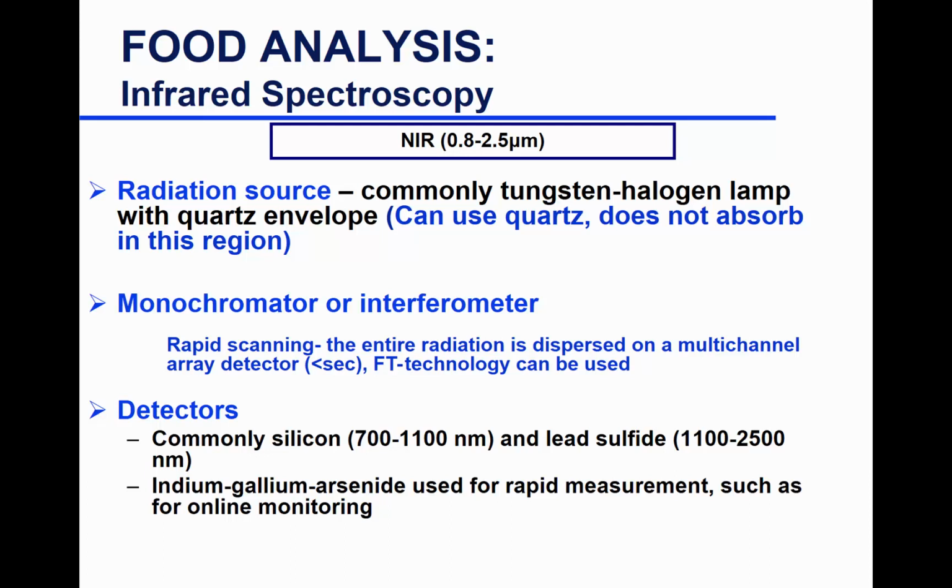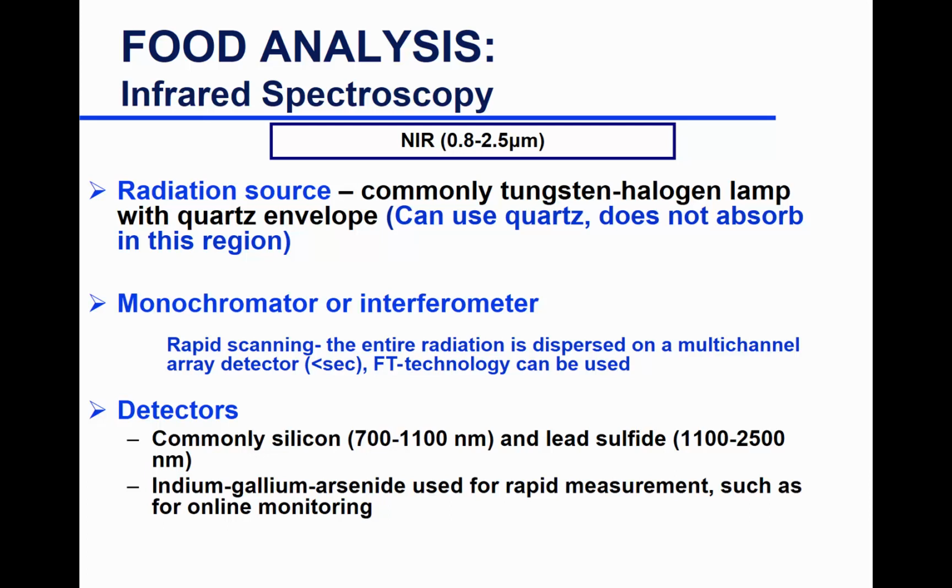Radiation source in an IR is a tungsten halogen lamp with quartz envelope. Quartz does not absorb in this near IR region, so you can use quartz cell. You can either have a monochromator or interferometer. As I said, interferometer is most common now with IR instrumentation. Allows for rapid scanning.